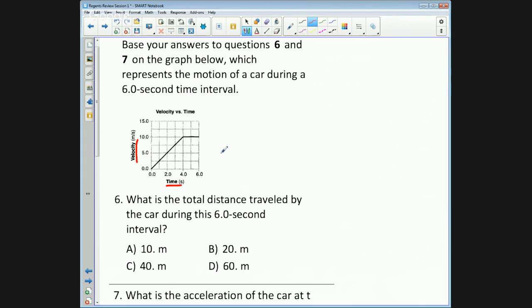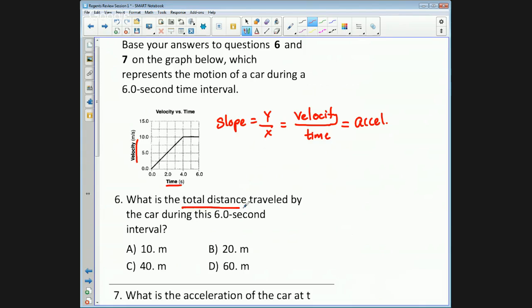Slope is always the y-axis over the x-axis, which in this case would be velocity divided by time. We just figured that out in the last two problems. This is acceleration.